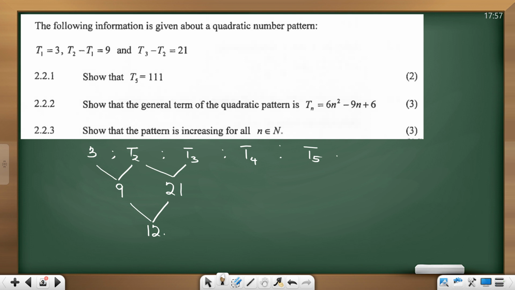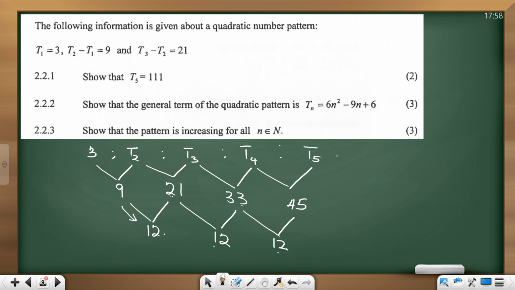It's a common difference, and it is also an arithmetic pattern. So I'm just going to be walking down the ladder. What is 9 plus 12? 21. My difference is common. 21 plus 12 would be 33. There we go, I have another 12. 33 plus 12 would be 45. Awesome.